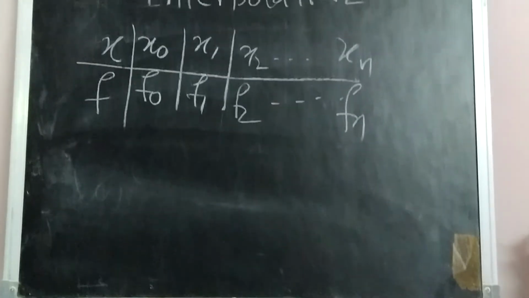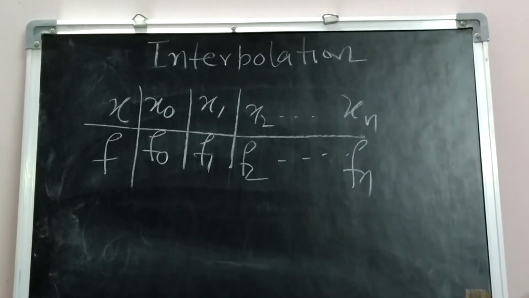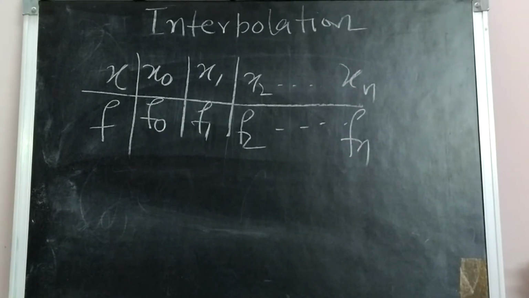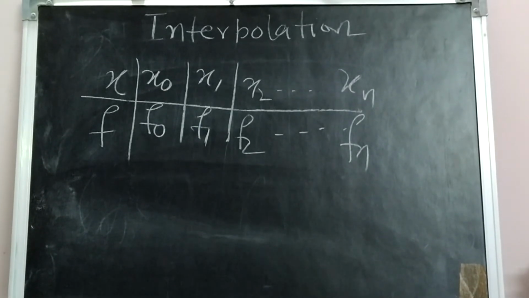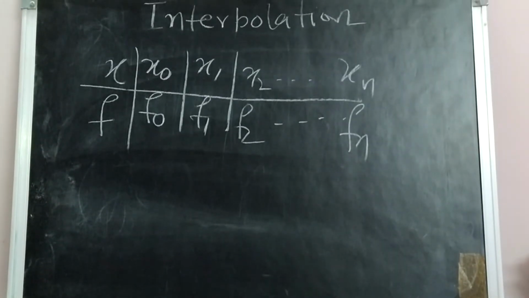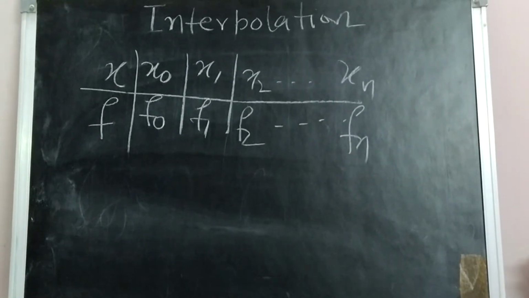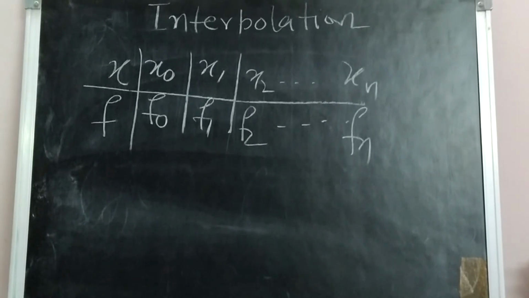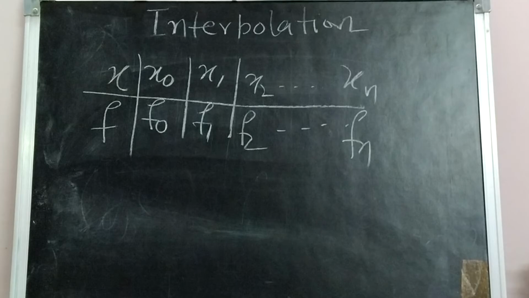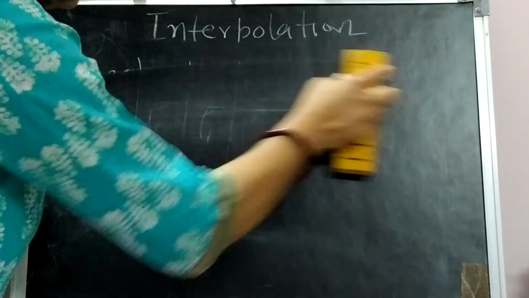In that case we get an approximate result. But if we do not use this method, the function may be so complicated that we are not able to analyze it, and in that situation it is better to get an approximate value.